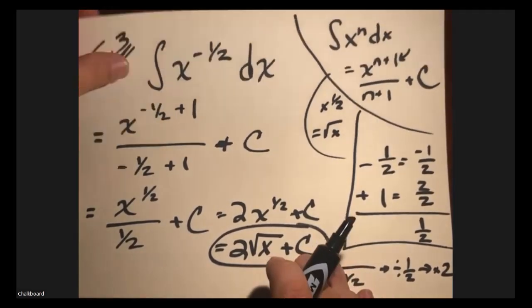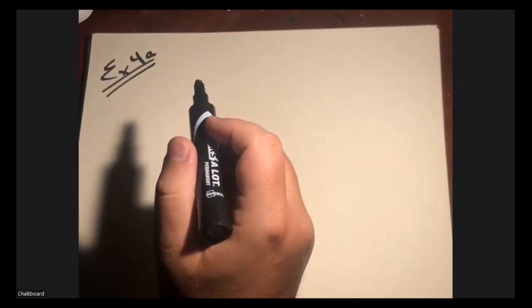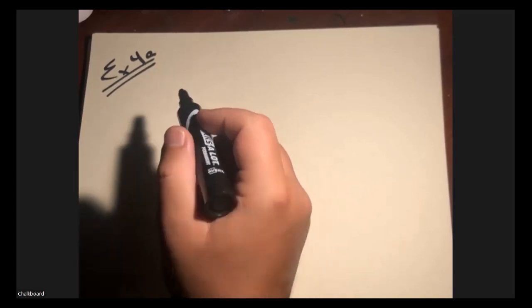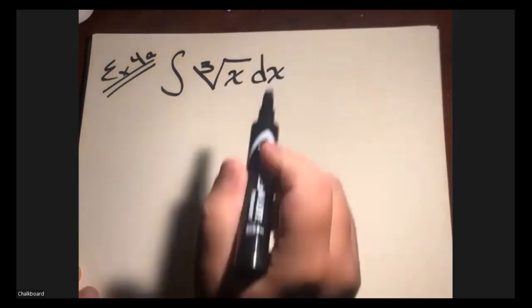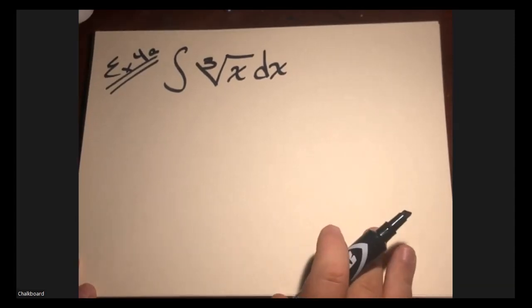Right, okay. We have example 4. There's two pieces for example 4. Example 4a looks like this. It's the integral of the cube root of x dx. One thing I learned when you're doing calculus, don't write small. Cube roots start to get blurry if you write them small.